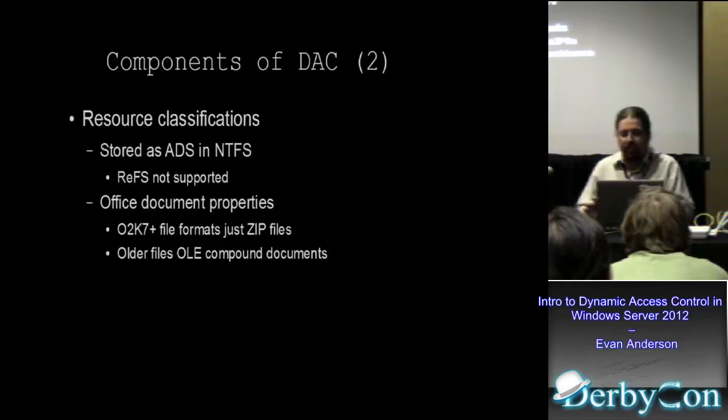Quick little aside on battling Windows 2012 features here. If you're familiar with ReFS, Reliable File System, that's a new file system that was added in Server 2012 that's journaled metadata and journaled data. So NTFS is journaled metadata only. ReFS is journaled metadata and journaled data. It's supposed to be more reliable. That's Reliable File System.